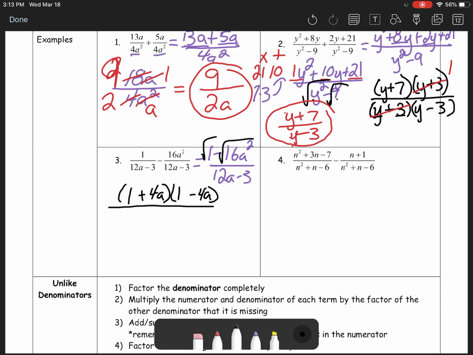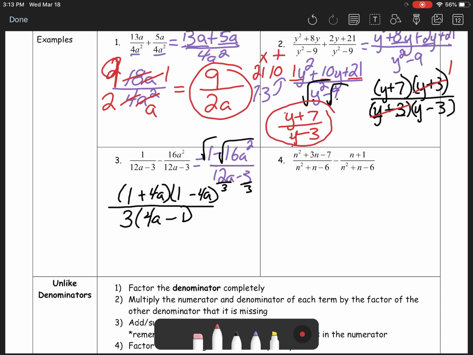In the denominator, I do the same thing that I always do, finding the greatest common factor first. With 12a and 3, the greatest common factor is 3, so I divide each part by 3 to see what's left, and I end up with 4a minus 1.